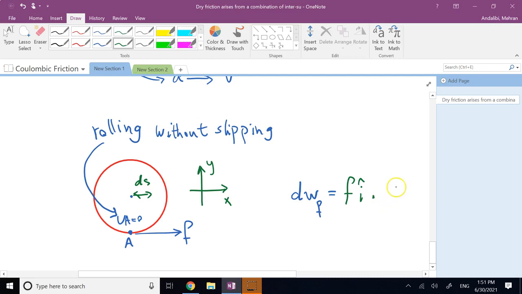But displacement of which point? It's not the displacement of the center point C, it's the displacement of point A. So it has to be multiplied by ds of point A times whatever unit vector that it has, let's say i. The thing is, how much is this ds of A? It's 0. Why? Because v of A is 0.